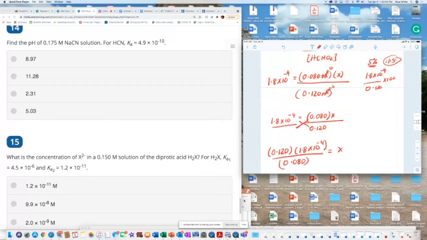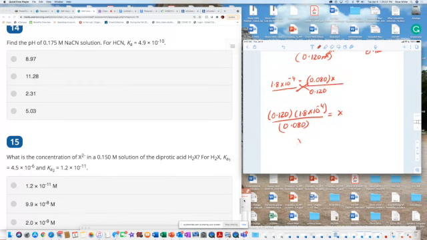Okay. So 0.120 times, open parentheses, 1.8 exponent -4, close parentheses, divided by 0.08. Okay, I'm getting x as 0.00027 molar.